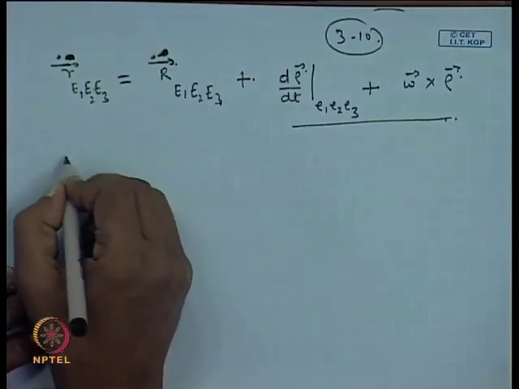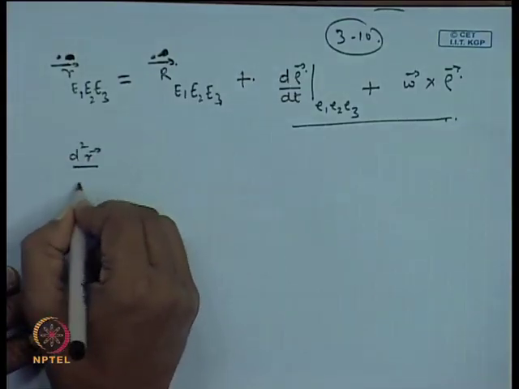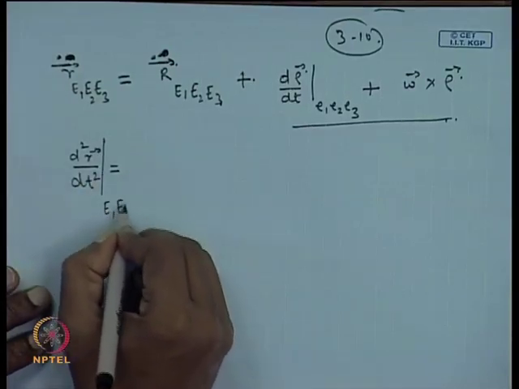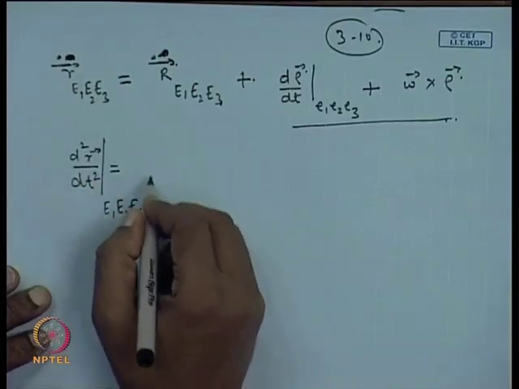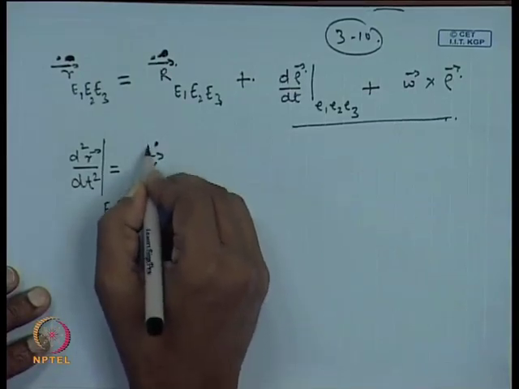Next, we take the second derivative. So, we write this as d square R by dt square with respect to the E1, E2, E3 reference frame, and here we will write this as R double dot.